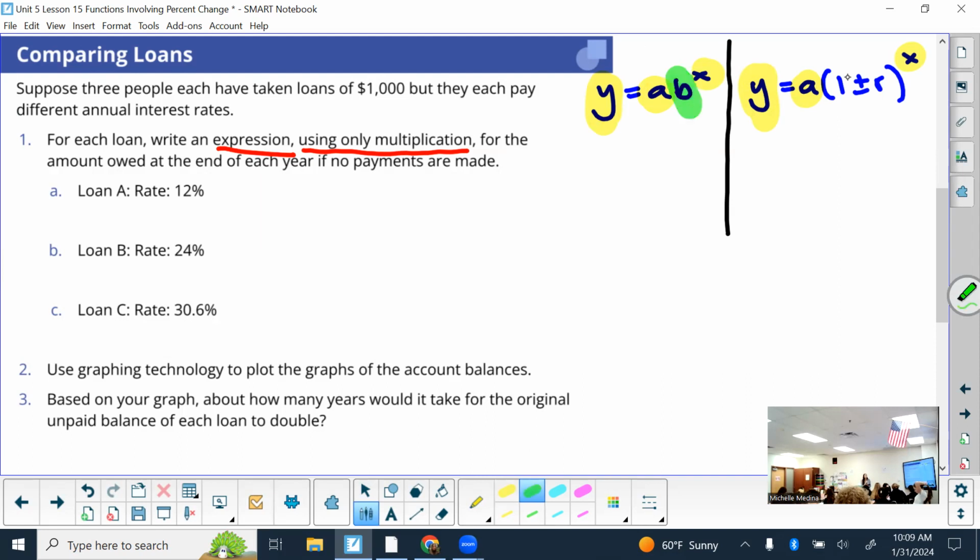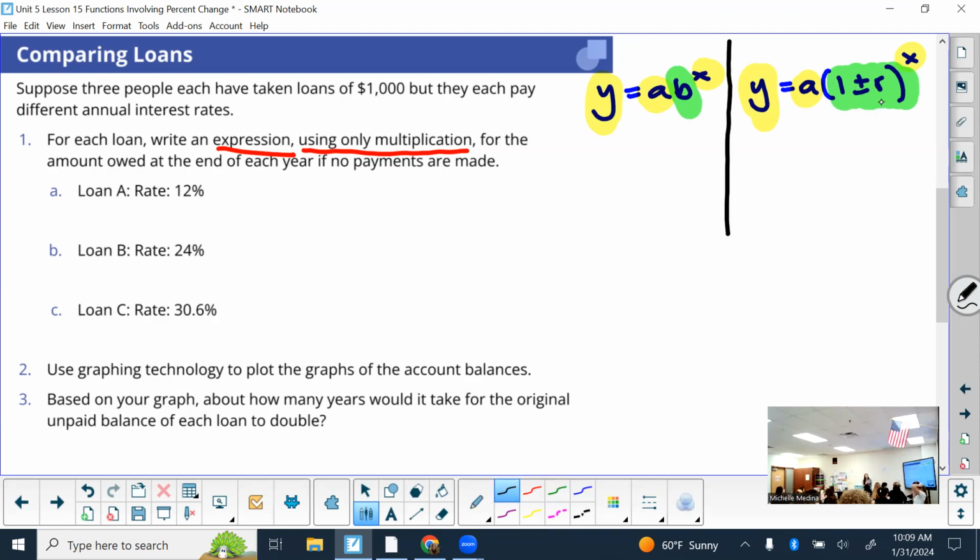So you use the first one when it's just a b, when it says things in the problem like what? What's different from these lessons to the previous one? I'm gonna use the one with the R in it.